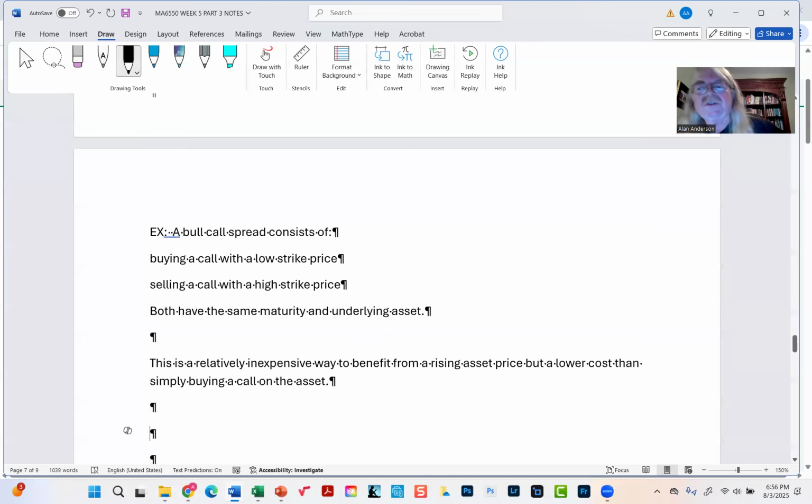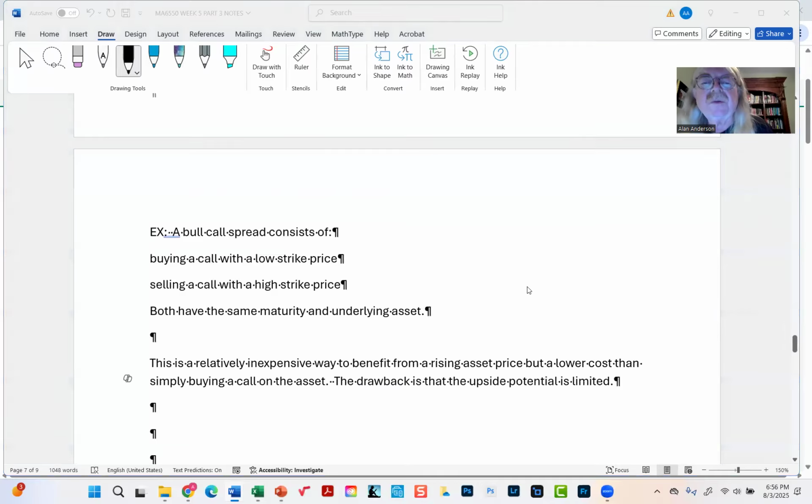So it's a little bit cheaper. The only drawback, though, is that the upside potential is limited. So that's where you're giving up. In order to lower the price, you have to give up some of the upside potential. So you wouldn't do this unless you're really cautiously optimistic about this asset.